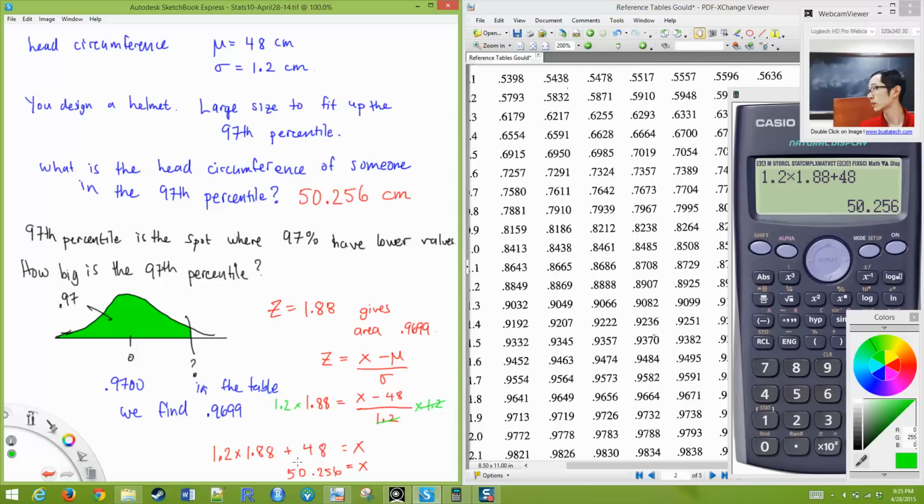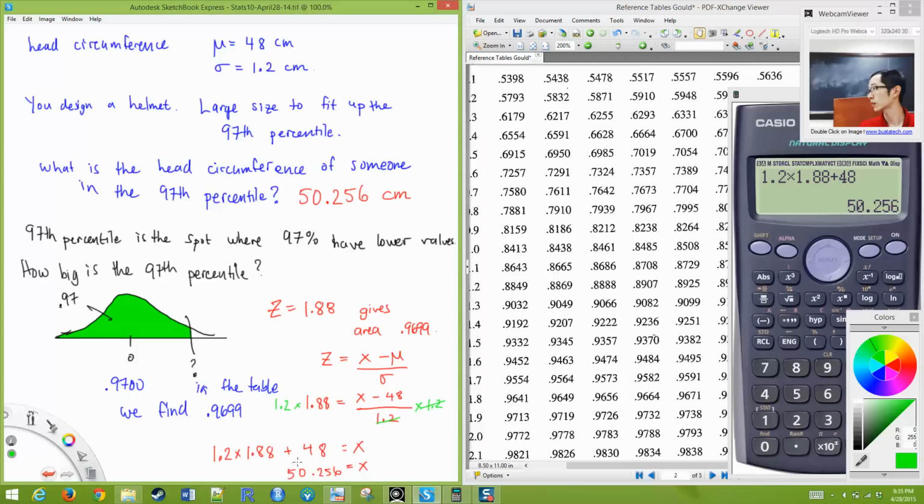A school has a minimum required score equal to the 40th percentile.